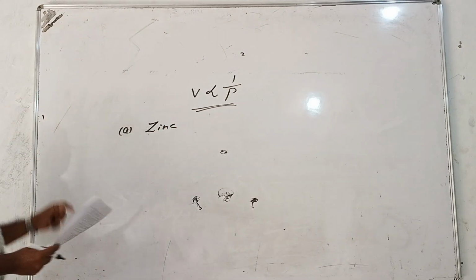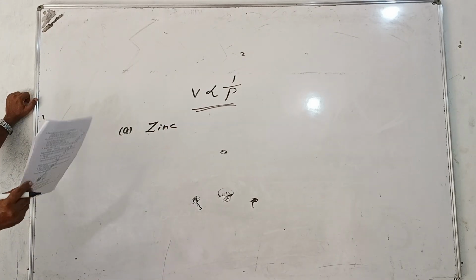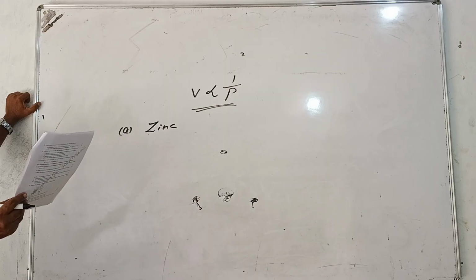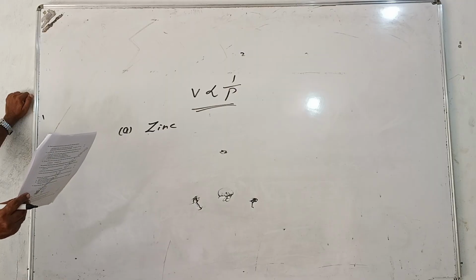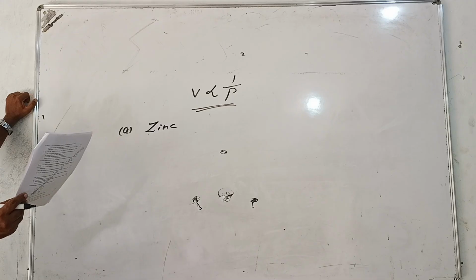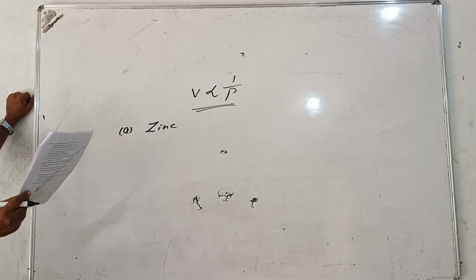Remember, oxidation always takes place in the more reactive metal. Here, the more reactive metal is zinc and silver is the less reactive metal, so oxidation is taking place at zinc. Question B: What is the energy change taking place in the galvanic cell?